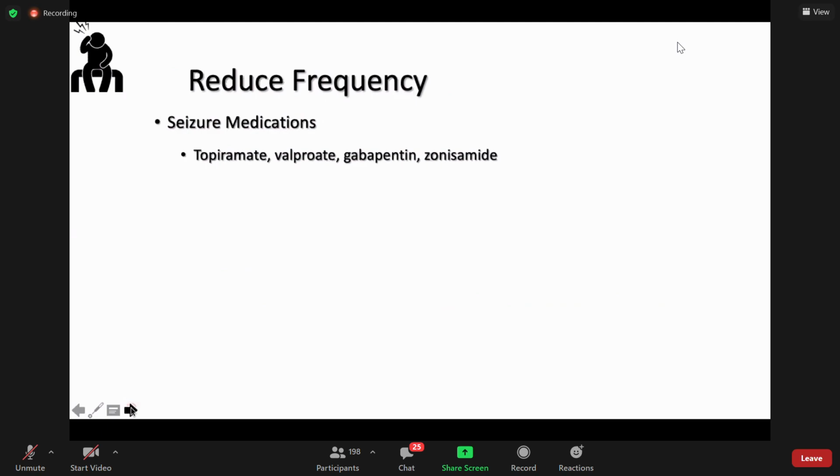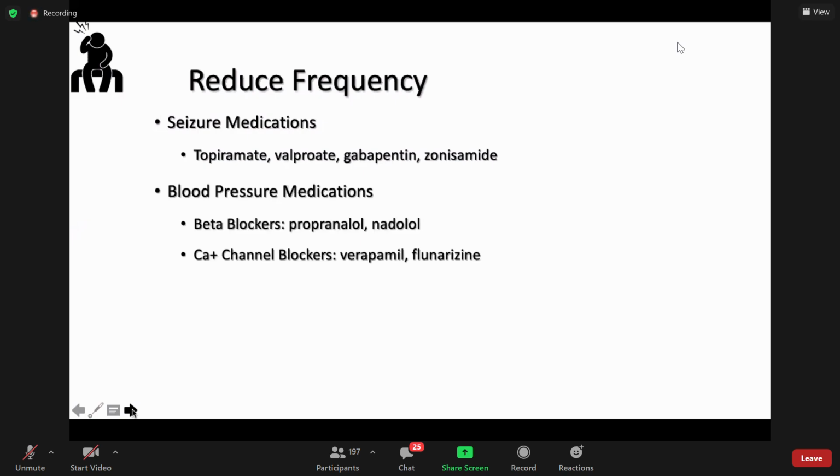So what medications can reduce the frequency? We have 3 categories of medications. Medications that are originally made for seizure medications, but they reduce the frequency of migraine, like topiramate, valproate, gabapentin, and zonisamide. Or medications that are originally for blood pressure, such as beta blockers, propranolol and atenolol, and calcium channel blockers, such as verapamil. It's used for blood pressure.